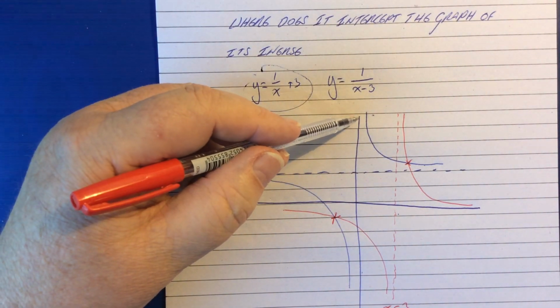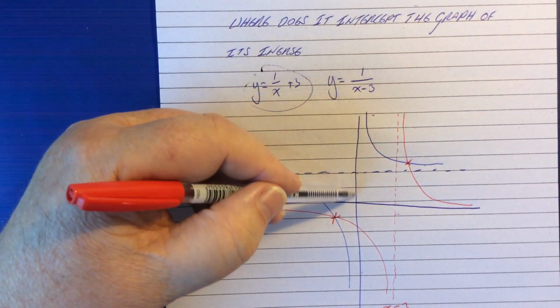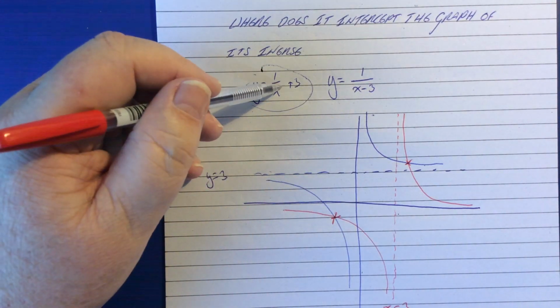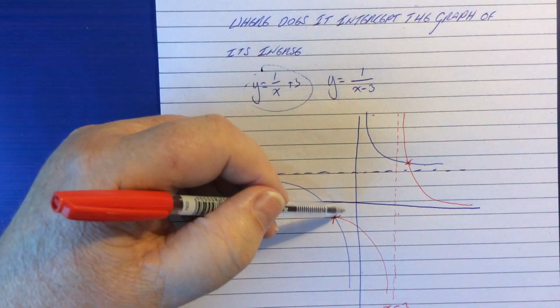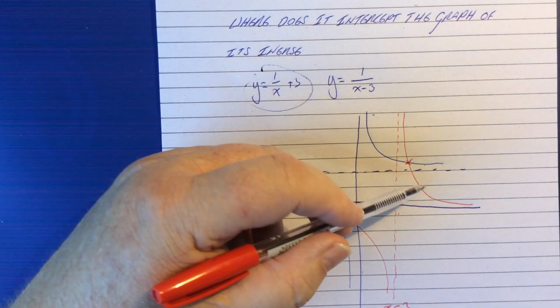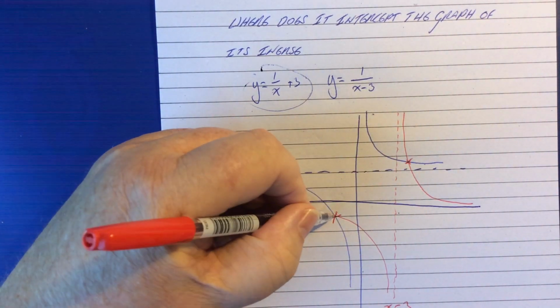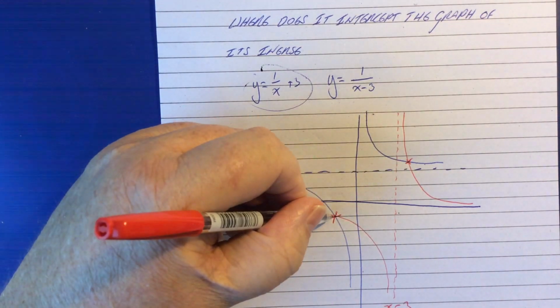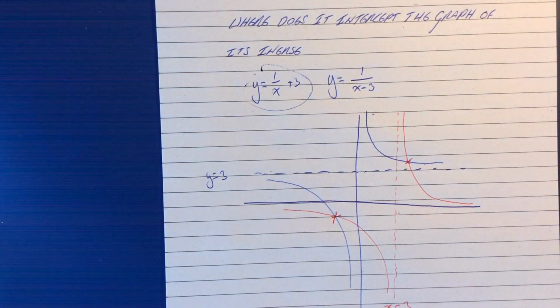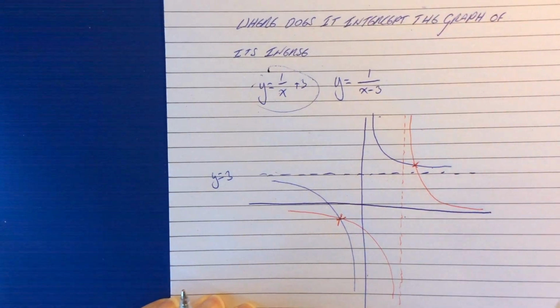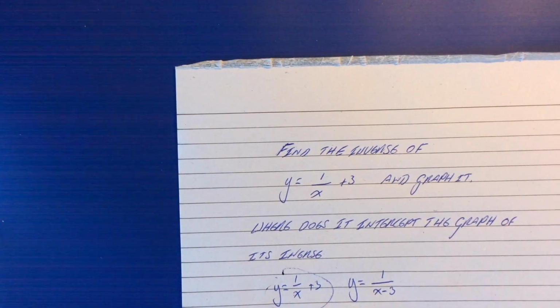And the y-axis used to be the asymptote for this. Now the x-axis is the asymptote for this. And these two things hit each other here. Now, how do we figure out that point? Well, that takes a tiny bit of work, so let's get into that.